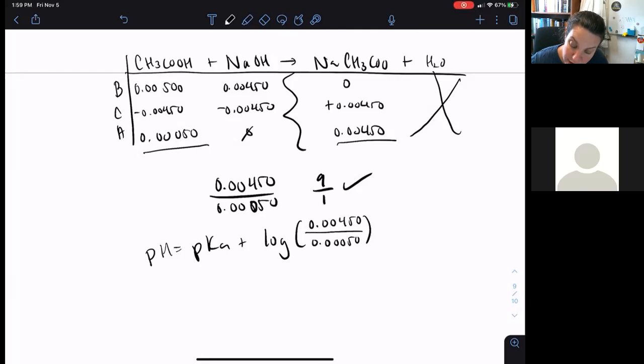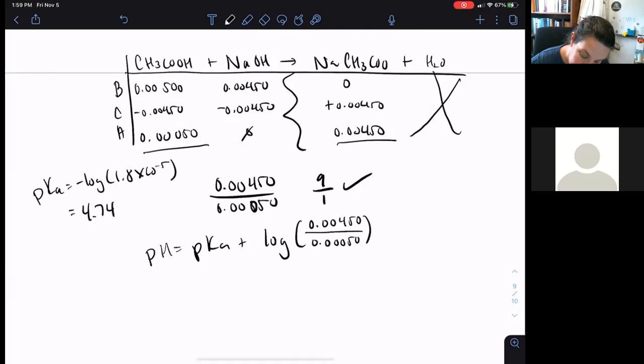This is acetic acid, so its pKa would be equal to 4.74. And this gives us a pH equal to 5.69.